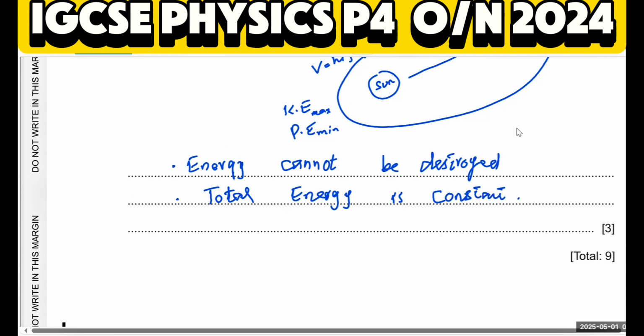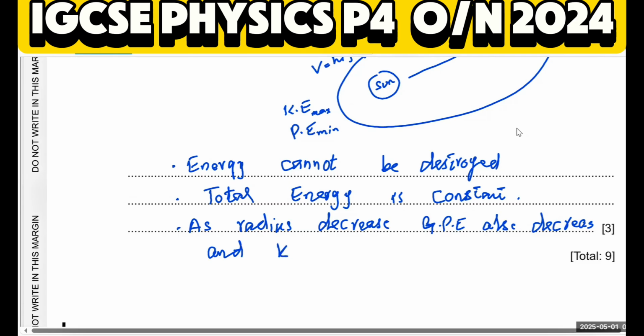Or you can write that as the radius decreases according to the comet, gravitational potential energy also decreases, and kinetic energy increases near to the sun, and so on.